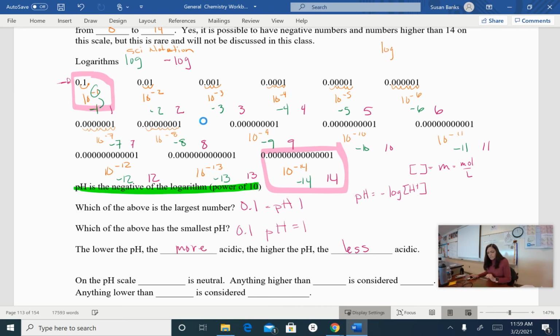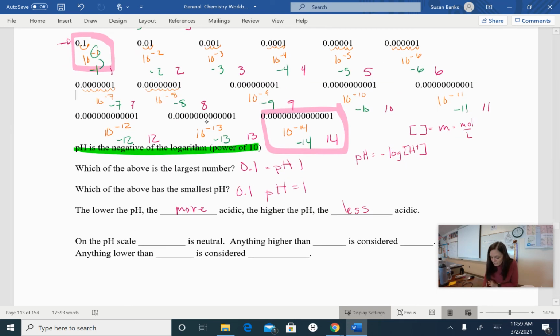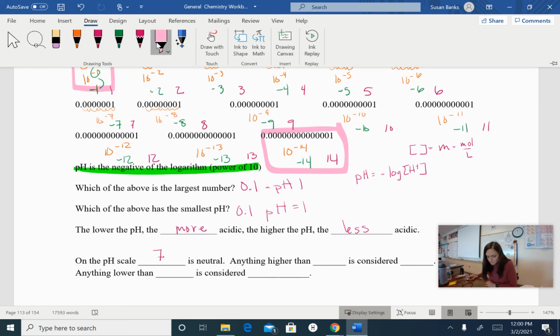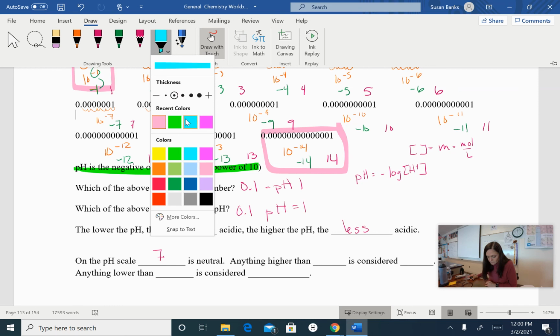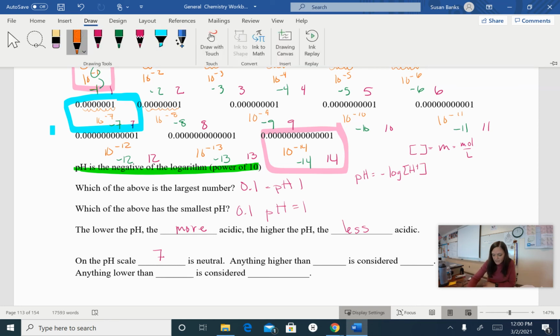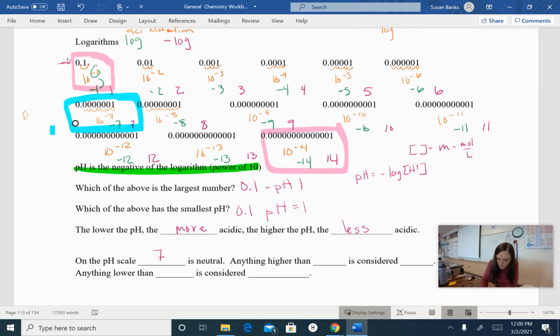So on the pH scale, 7 is considered neutral. This right here in the middle, 7, would be considered neutral. Let's highlight 7. This is where the hydrogen ion concentration and the hydroxide ion concentration are equal to each other. So the hydrogen ion concentration is equal to the hydroxide ion concentration.